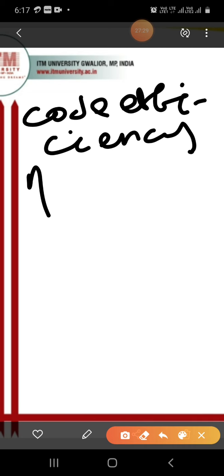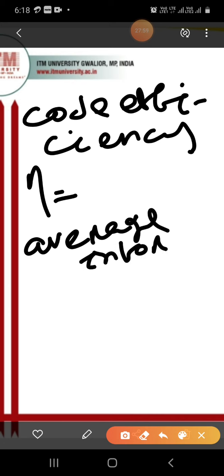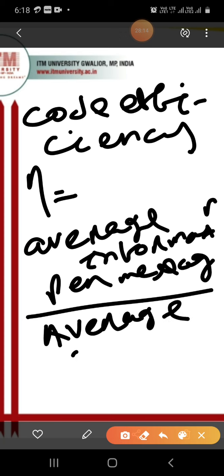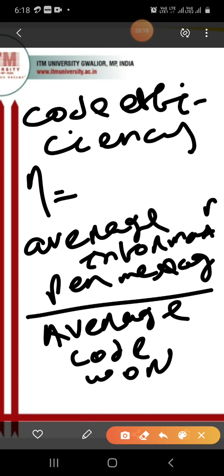The code efficiency, eta, is defined as the ratio of average information per message, which is H, and the average code word length, which is L. So the code efficiency is average information per message by average code word length.